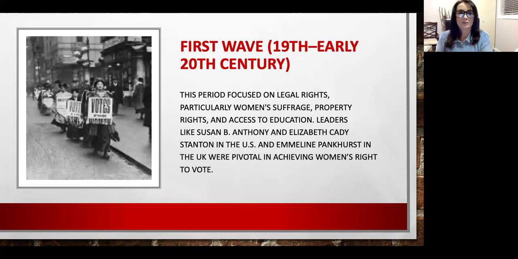The first wave focused on these, and some of them are still ongoing, even though we went through the second, third, and fourth waves of feminism. Leaders like Susan Anthony and Elizabeth Cady Stanton in the USA and Emmeline Pankhurst in the UK were pivotal in achieving women's right to vote.